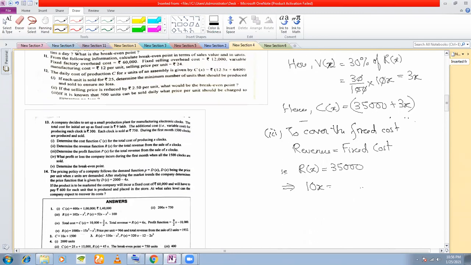So 10x must be equal to 35,000, isn't it? That means x must be equal to 35,000 divided by 10, which is 3,500 units. The answer is given wrong. To cover fixed costs, the company has to produce 3,500 units.